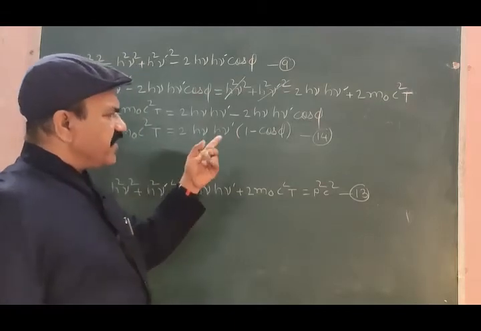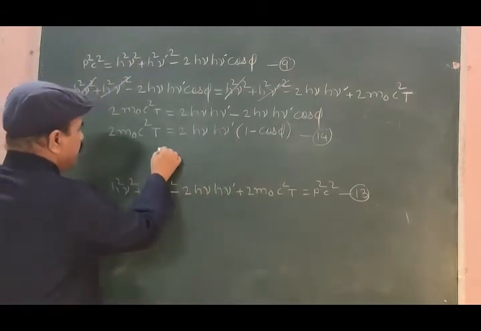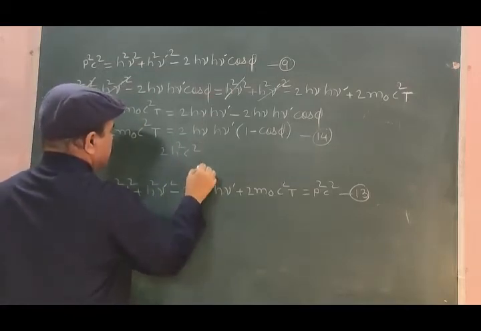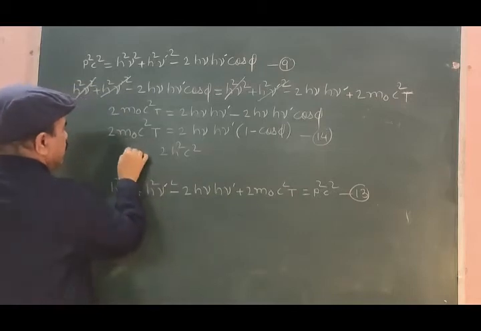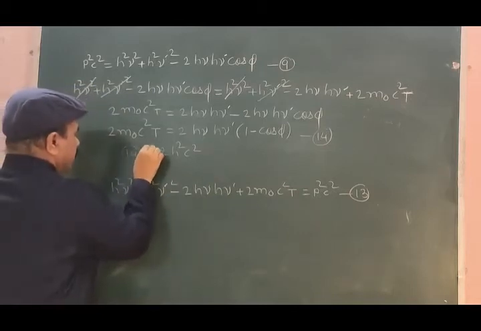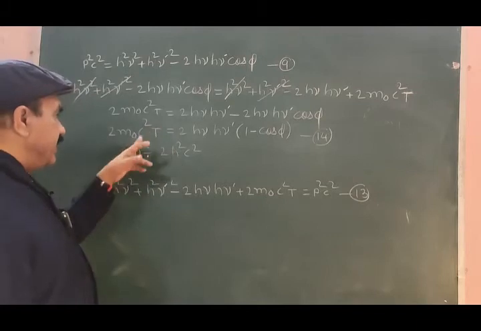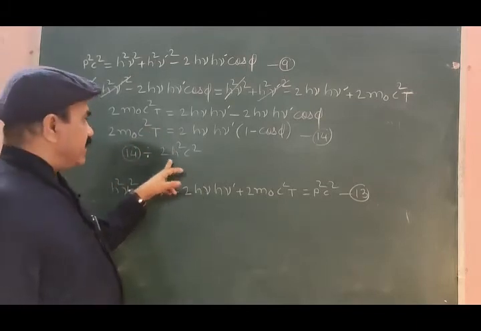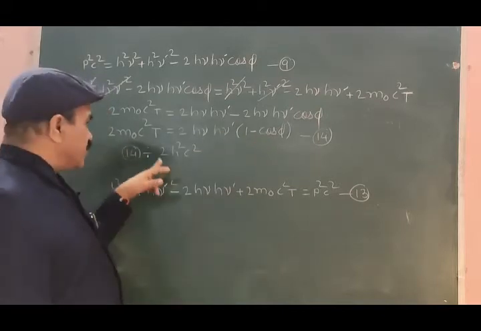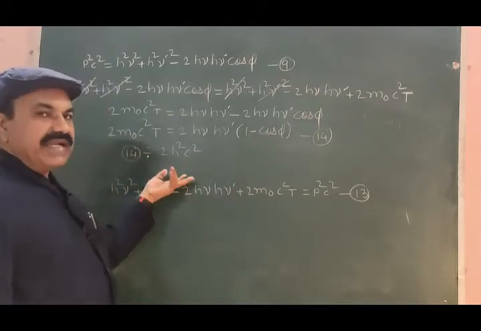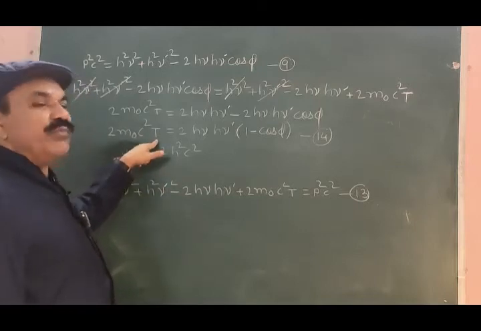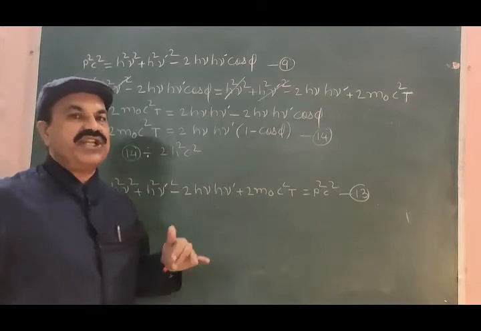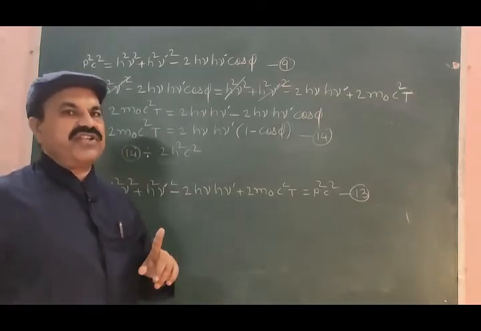let me divide equation 14 by 2 h square c square. Divide this equation on both sides by this term. At the same time, put the value of T. What is the value of T? h nu minus h nu dash from equation 1.